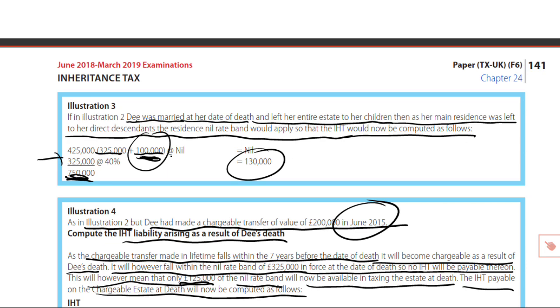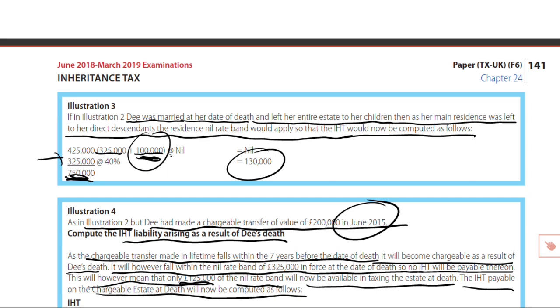But your main nil rate band of 325,000 would be applied firstly against any lifetime transfers, and then only any balance that remains from it, so only if lifetime transfers in the 7 years before death are less than 325,000 in total, would any of that nil rate band be available also to go against the death estate. Here in illustration 3 there were no lifetime transfers, so the whole 325 is available, as well as the 100,000 residence nil rate band.